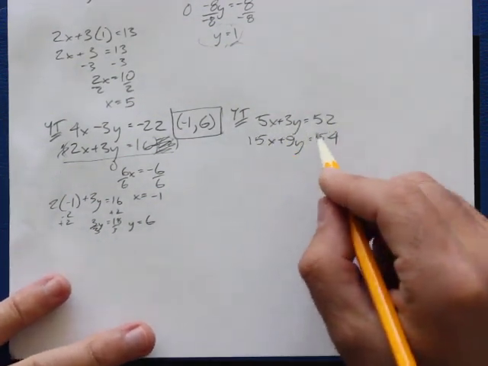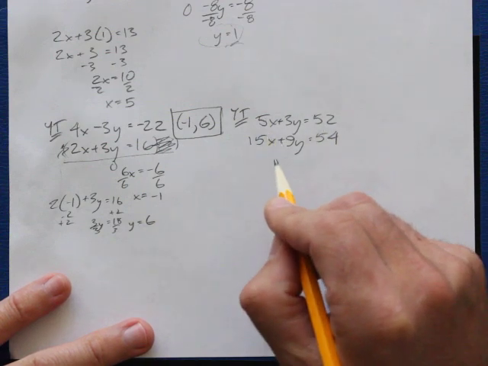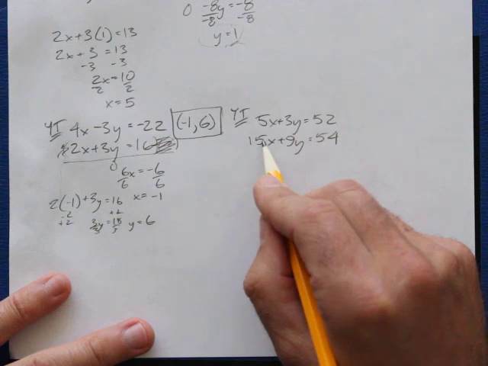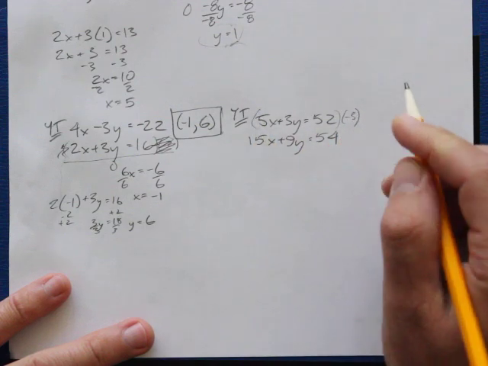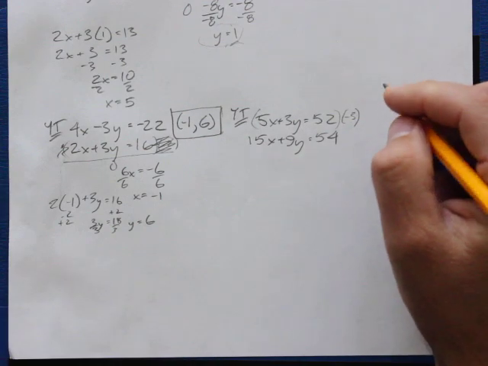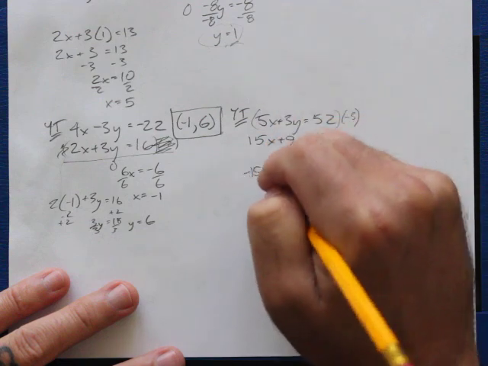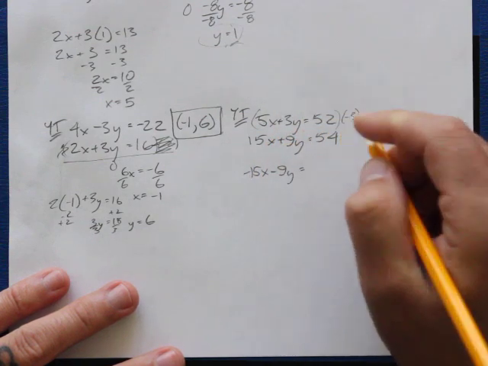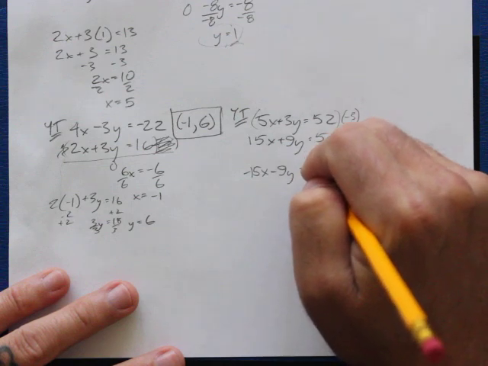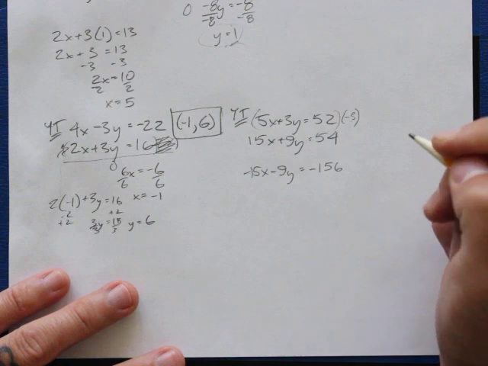All right, let's take a look at this one. For this one, I want to multiply the top by negative 3 so that I can get this 15 out of here. Negative 3. So when I do that, I end up with negative 15x minus 9y equals 52 times negative 3, which is negative 156.